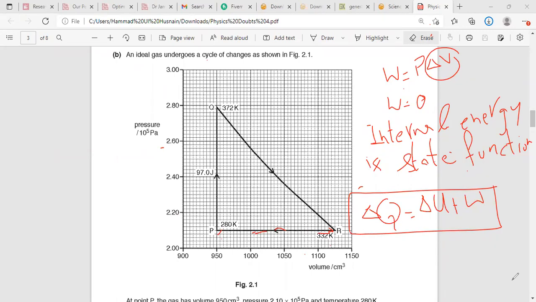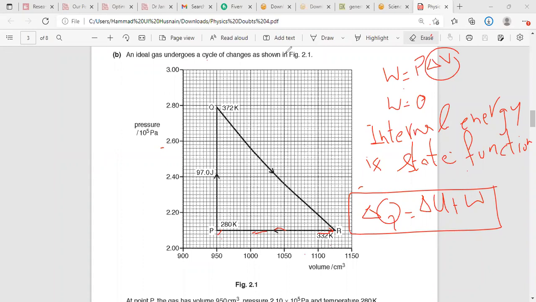So in such cases the total change will be the same in all those functions which are state functions, or such functions in which the change in a closed cycle will be zero, right?